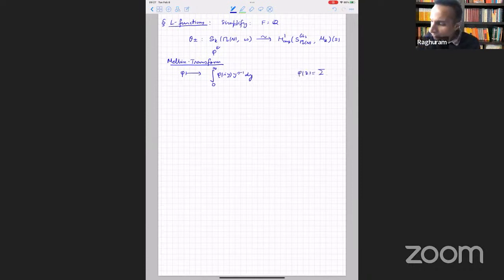Suppose phi of z has some Fourier expansion, summation a_n e^(2 pi i n z). Stick that into this integral, interchange summation and integral, follow your nose, and then you will see that this integral literally becomes (2 pi) to the minus s, Gamma(s), times summation a_n over n to the s. This integral is this. And this is my completed L-function.